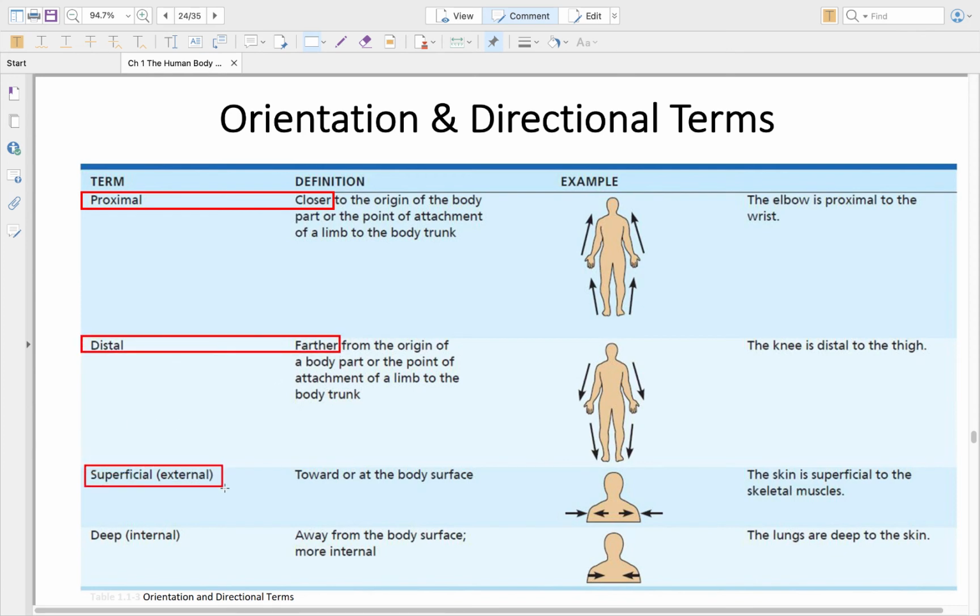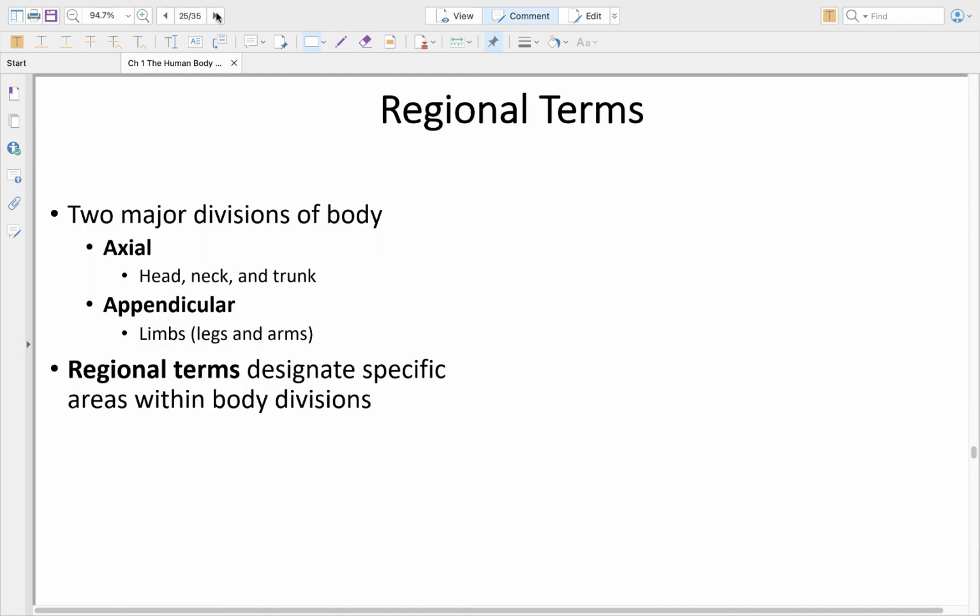Superficial means that it's close to the surface of the body. Deep or internal means it's deeper or more internal and away from the superficial end of the body. These are very clear-cut terms. You just want to know them.